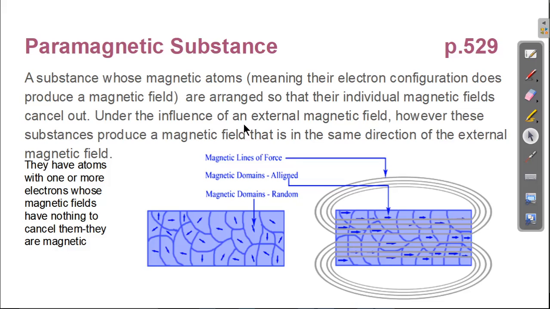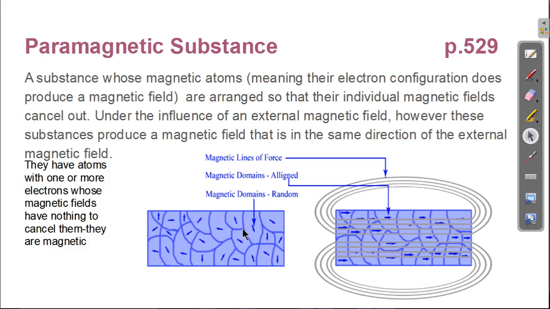Now, under the influence of an external magnetic field, like you can run electricity or maybe you have another magnet around it, these substances produce a magnetic field that is in the same direction as the external magnetic field. So remember, the atoms' magnetic fields cancel one another, so the substance itself does not act as a magnet.